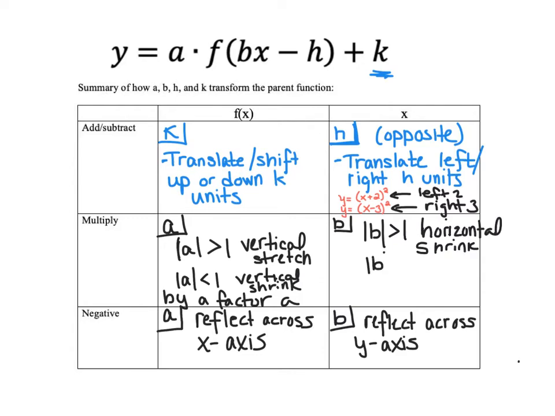And if the absolute value of b is less than 1, so you have a small fraction like a half, you actually have, again, counterintuitive, a horizontal stretch by a factor of the reciprocal of b. I just wrote a. Let me fix that to a b. All right.